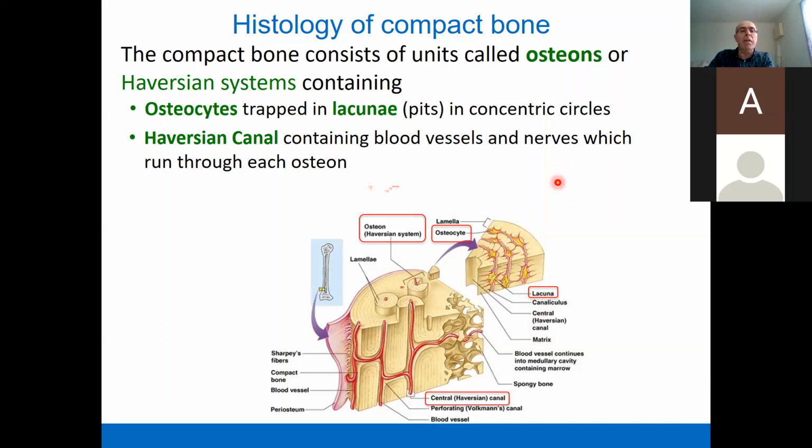And Haversian canals contain blood vessels, as we see in these slides, and nerves which run through osteons.